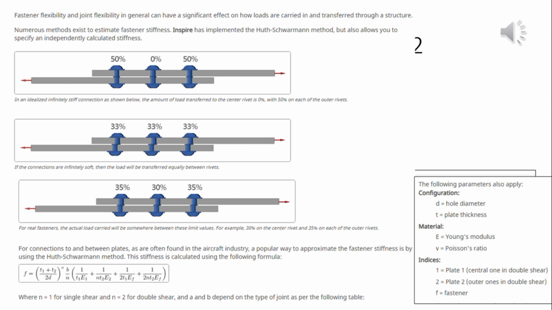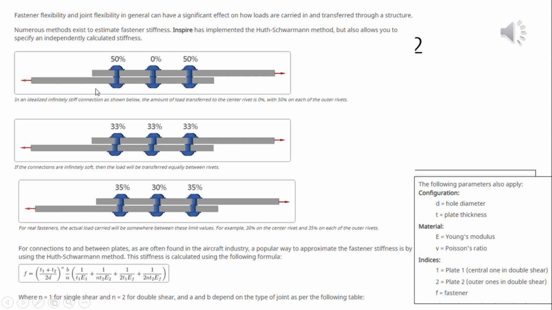Inspire has implemented the Huth-Schwarmann method, but also allows you to specify an independently calculated stiffness. In an idealized infinitely stiff connection as shown below, the amount of load transferred to the center rivet is 0%, with 50% on each of the outer rivets, as seen in the first picture.